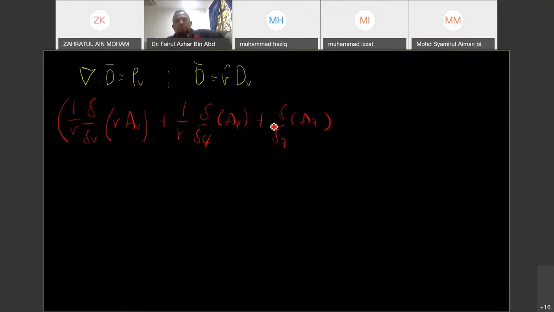Okay, so this is the equation for the del dot of a vector, if you are using the cylindrical coordinate system.